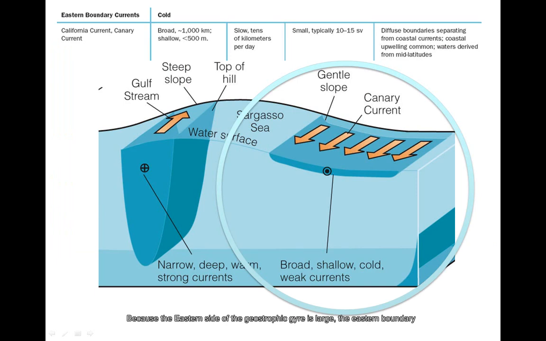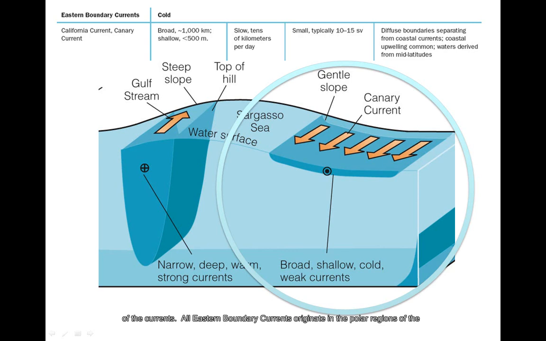Now, because the eastern side of the geostrophic gyre is quite large, the eastern boundary currents have lots of room to spread out and tend to be quite broad or wide. Now, because they do cover such a large area, they don't need to stick down very far and are relatively shallow. And also because of their large size, they don't have to move very fast and are the slower of these currents.